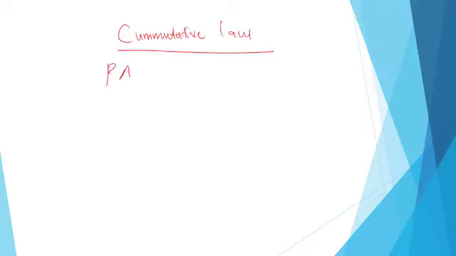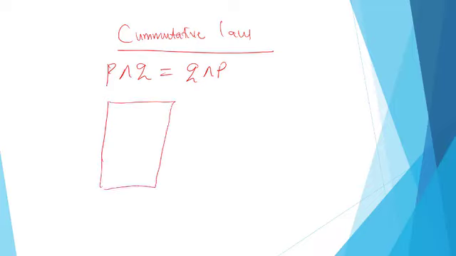The commutative law. Now the commutative law just states that if P, Q, then Q, P. Let's see if it is true. For the first one, we have P here.